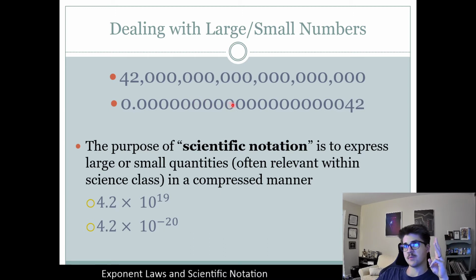So tenths, hundredths, thousandths, ten-thousandths, hundred-thousandths, millionths, ten-millionths, hundred-millionths, billionths, ten-billionths, hundred-billionths, trillionths, ten-trillionths, hundred-trillionths, quadrillionths, ten-quadrillionths, hundred-quadrillionths, quintillionths. And again, the only difference is the TH.